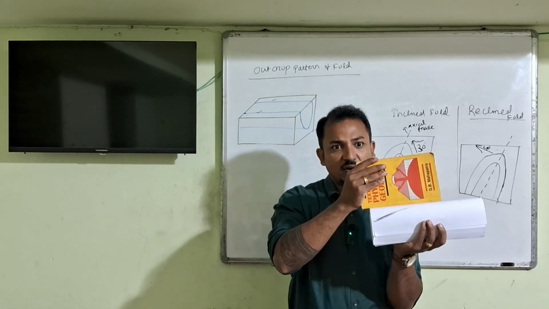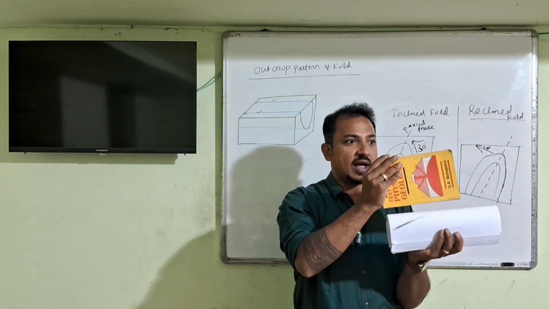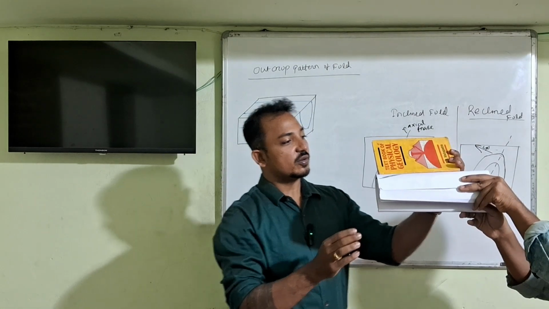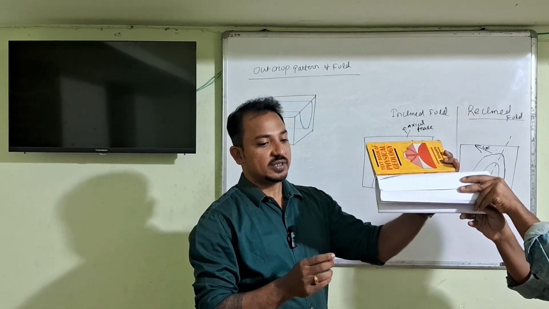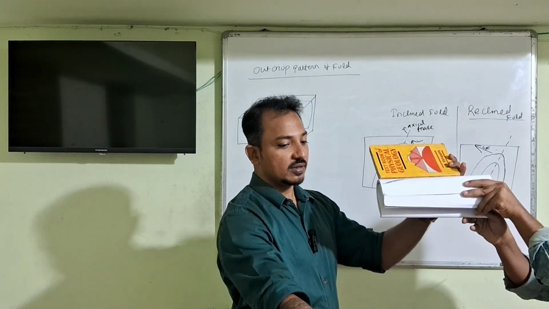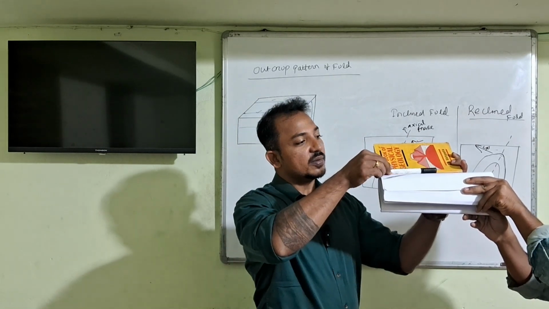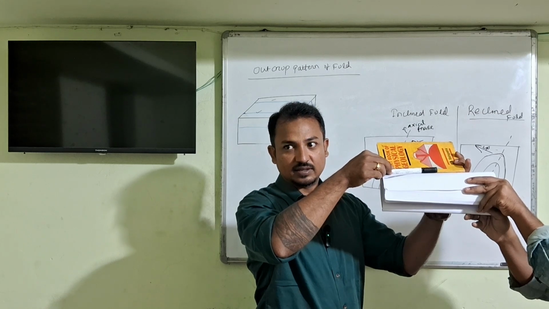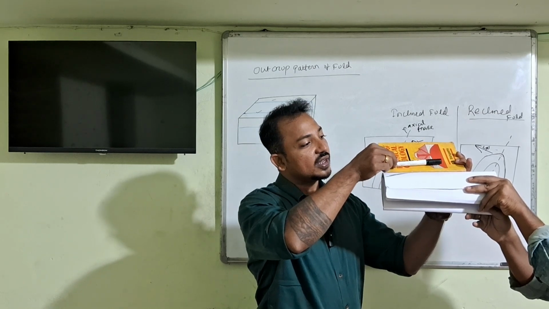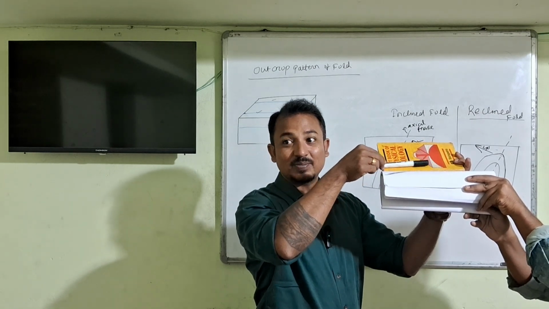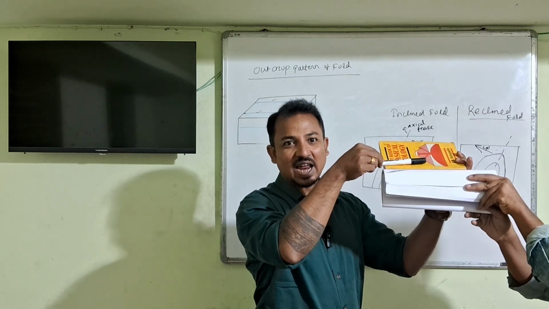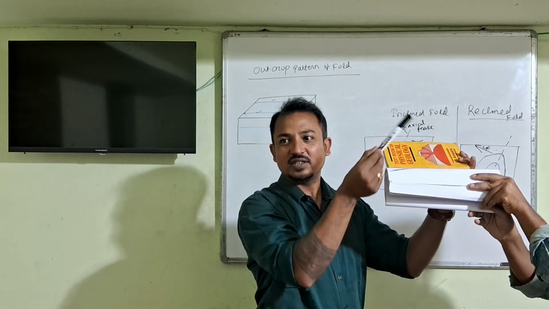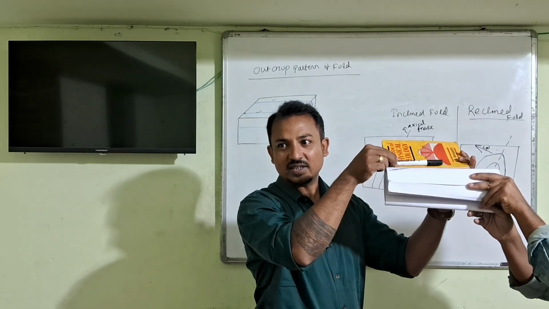So if this is the axial plane, this will be the fold axis. Here you can see it is parallel to the strike of the axial plane. So pitch is 0.